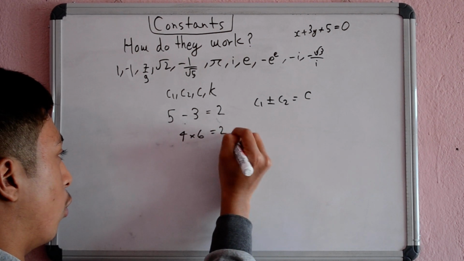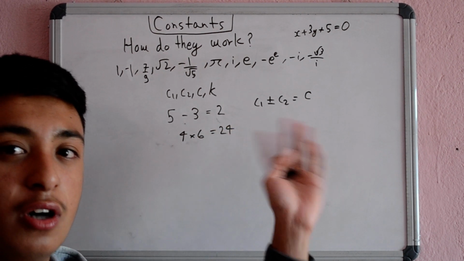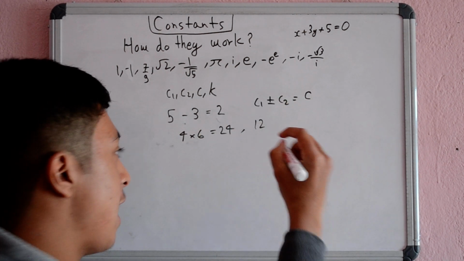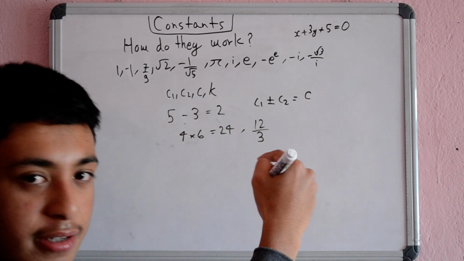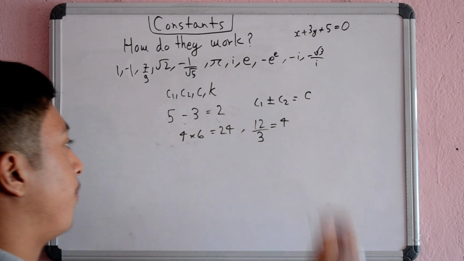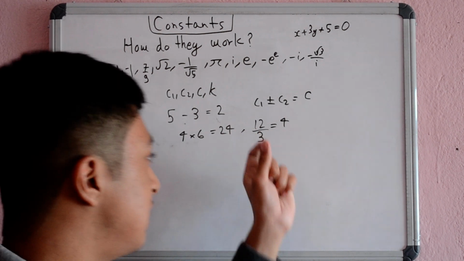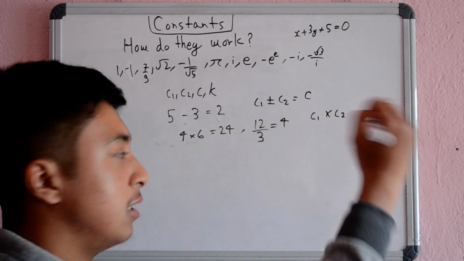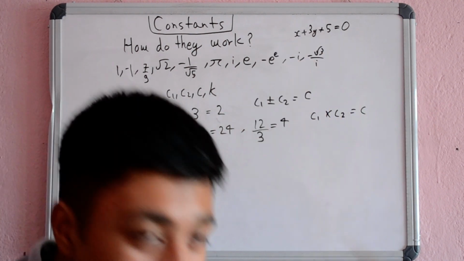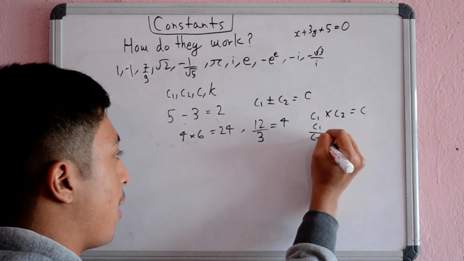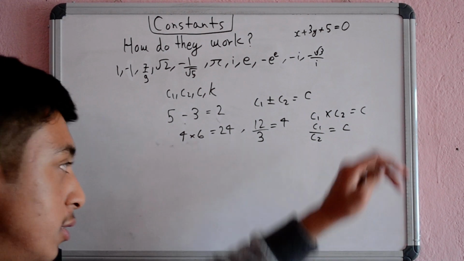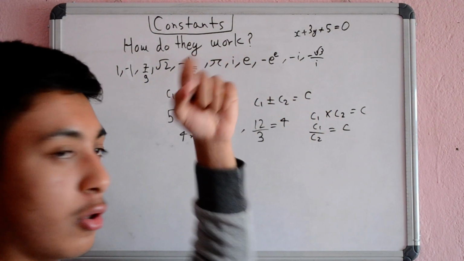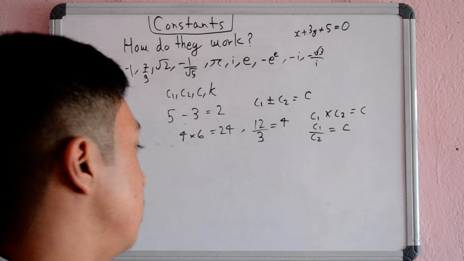This gives 24, and here 24 is another number. Similarly, let's say we have another constant 12 and we divide it by another constant 3. This gives 4. So what we also learn from this is that a constant multiplied by another constant gives another constant, and a constant divided by another constant gives another constant. These are the basic operations for constants with another constant.